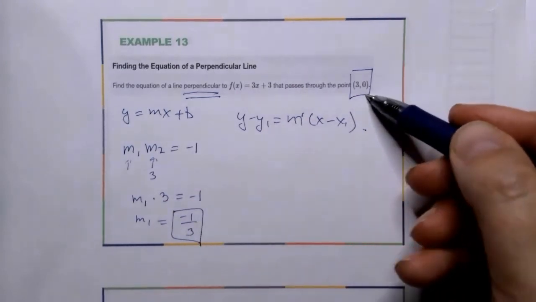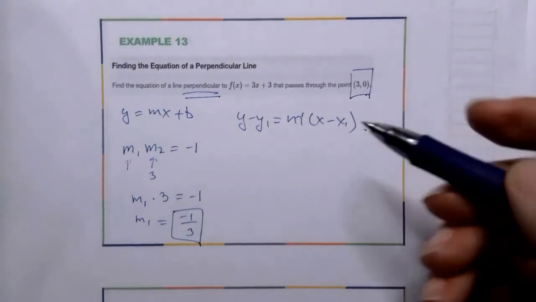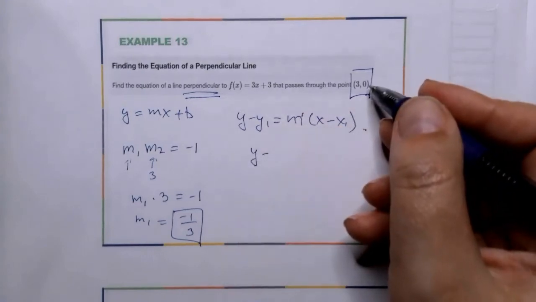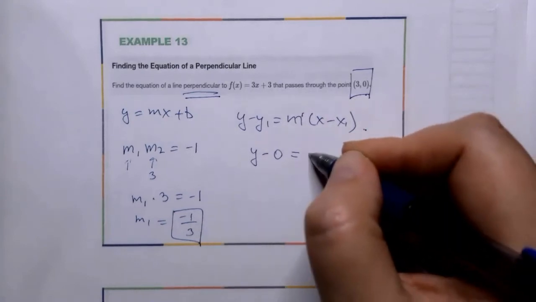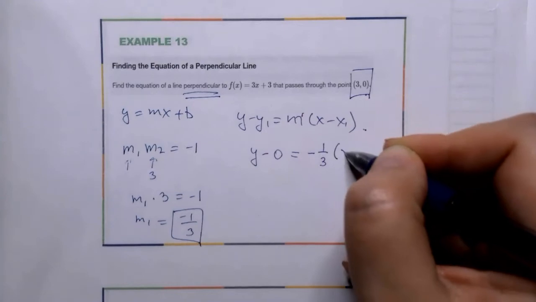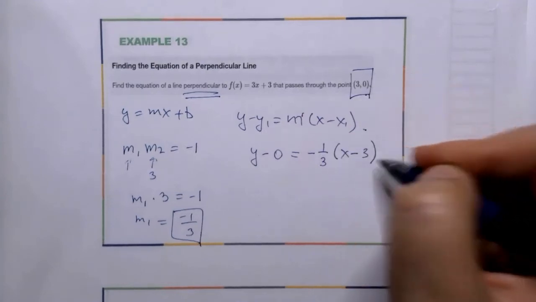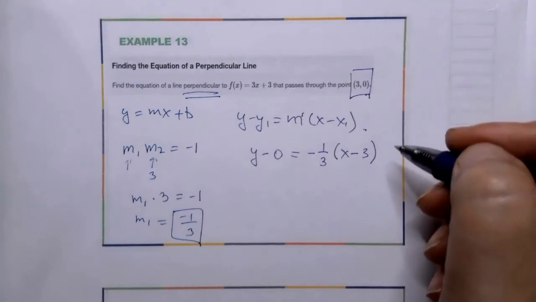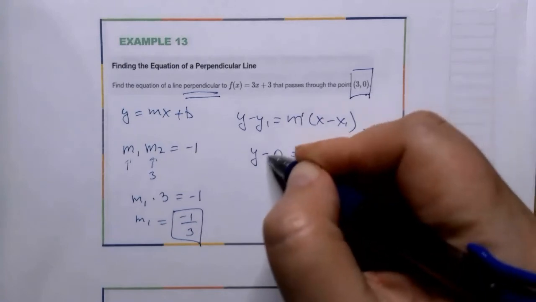And I also have a point. I'm going to use this equation now. y minus y1, that's a 0, equals m, which is -1/3, times x minus x1. x1 is 3, the x coordinate at that point. Okay, I'm done, guys. We just need to distribute -1/3, 0.